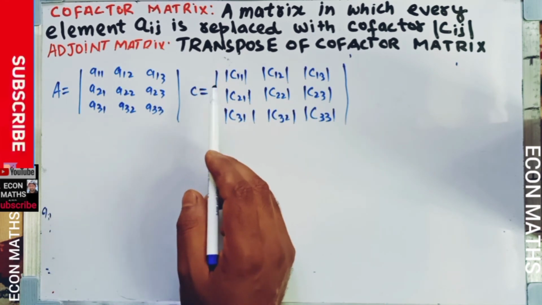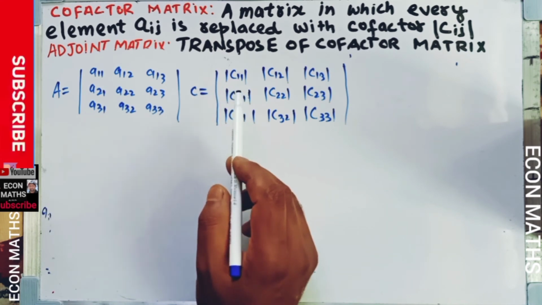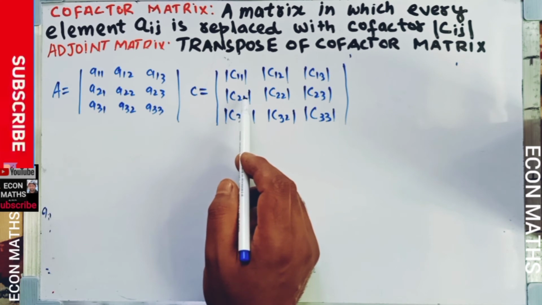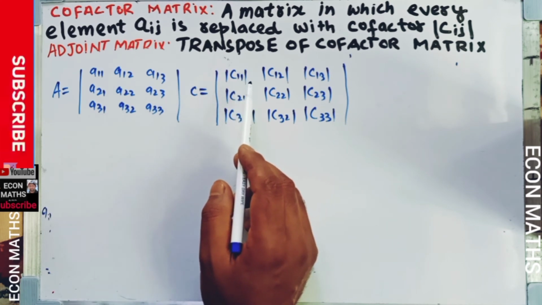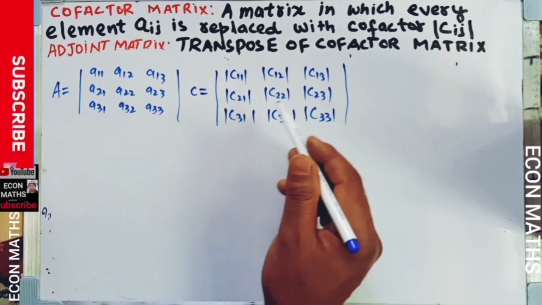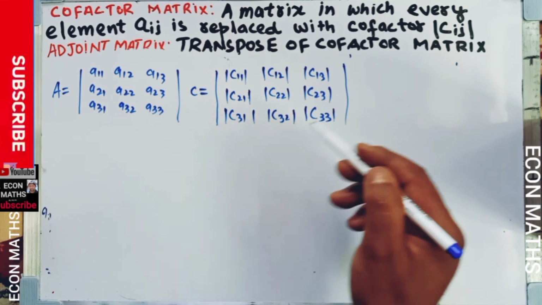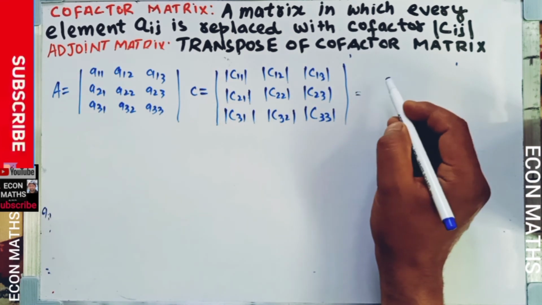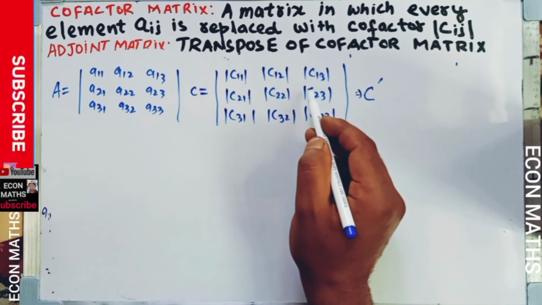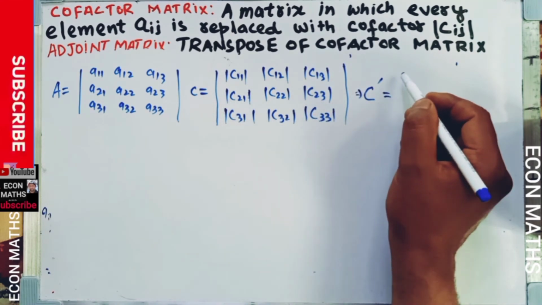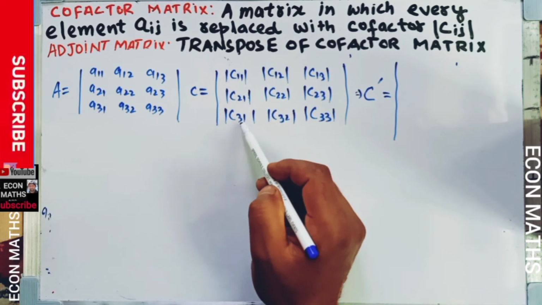Now the transpose of the cofactor matrix gives us the adjoint matrix. The transpose of this cofactor matrix, that is C dash, is equal to, we will replace the row with the column.